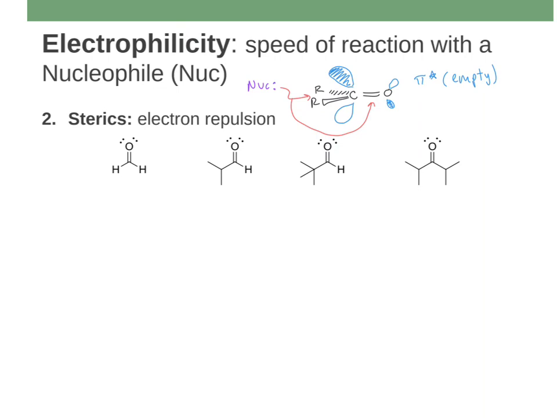What it does is attack one of the lobes of those pi stars. So let me erase the incorrect drawings, fix my R. What the nucleophile does is add into that empty pi star. That puts electrons in the antibonding orbital and breaks that pi bond.